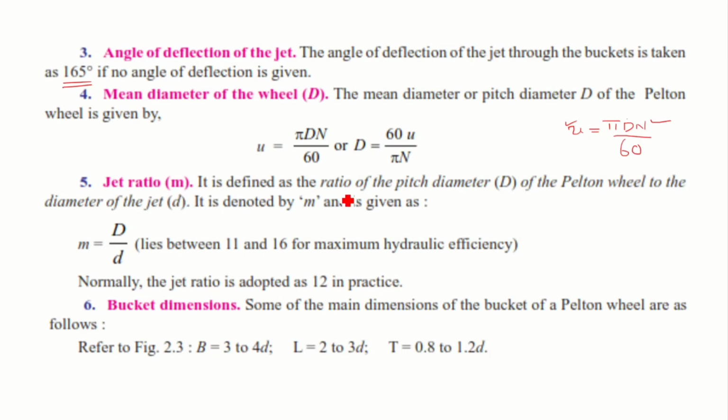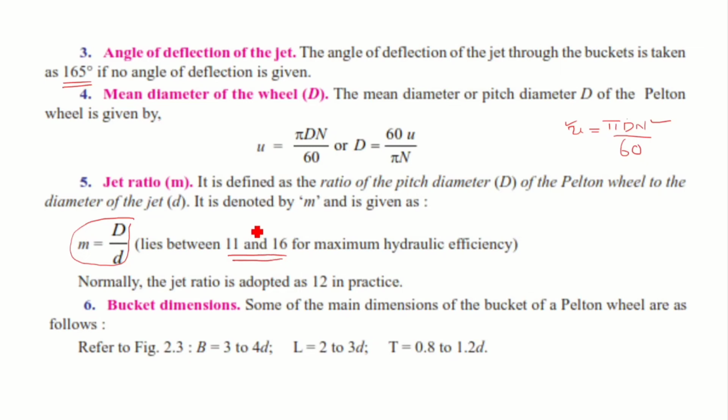So next term is jet ratio. It is defined as the ratio of pitch diameter D of the Pelton wheel to the diameter of the jet. So pitch diameter to the diameter of the jet gives the jet ratio, and the value of jet ratio will be between 11 and 16. So you can assume these values.